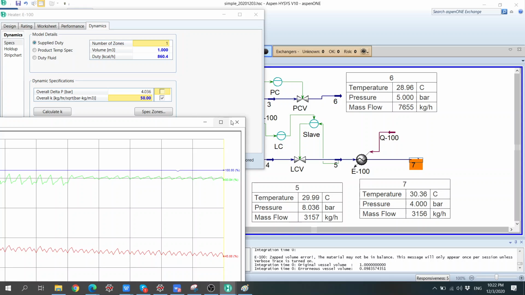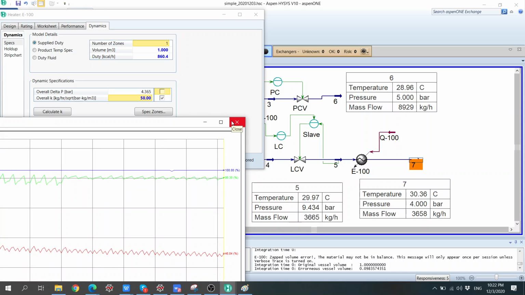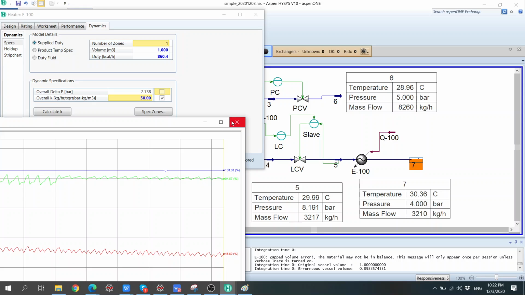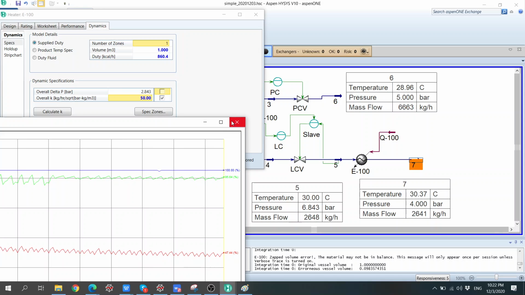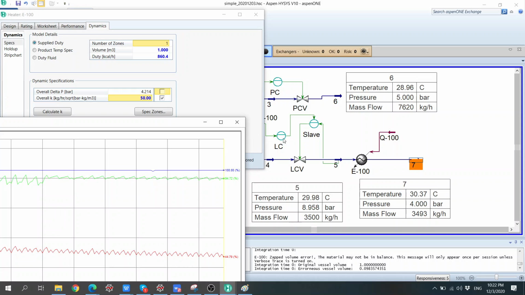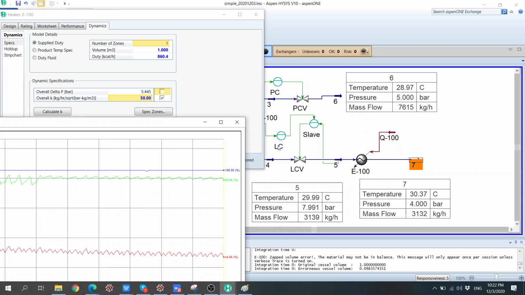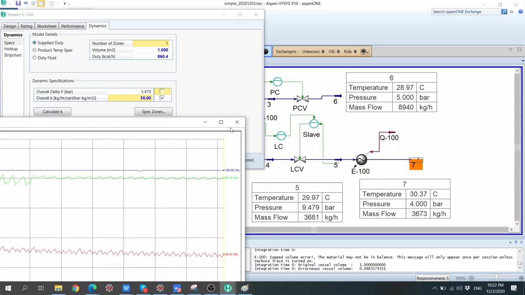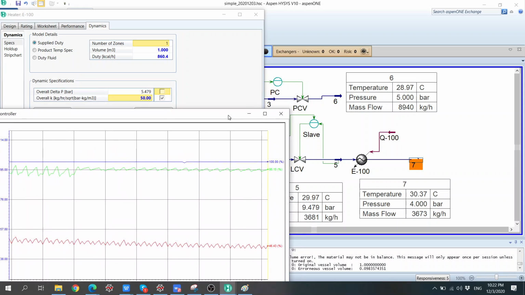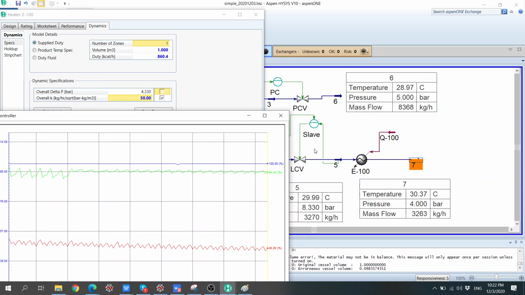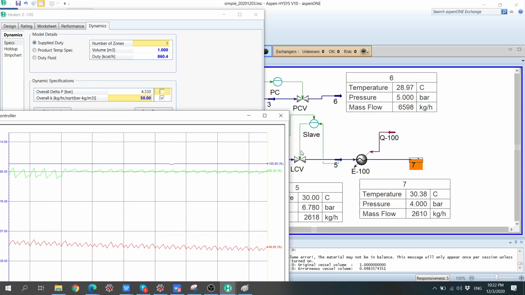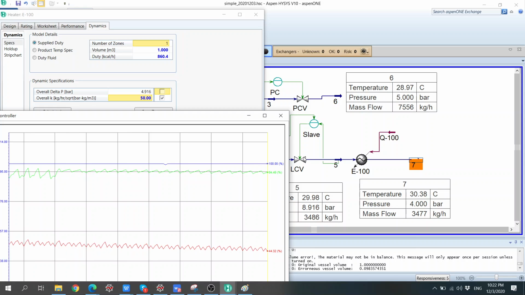So basically, this is what we do to solve the controller issue in the system. Do you have any questions on this part? Yeah, we just need to check the controllers and then the size of the equipment, and the valve as well. The size of the valve. If the valve is too big, it also leads to an uncontrolled or unstable situation.